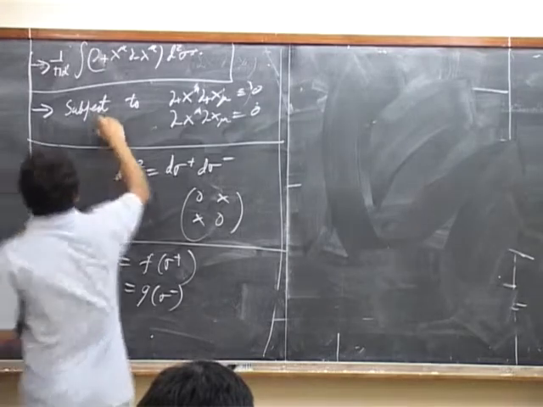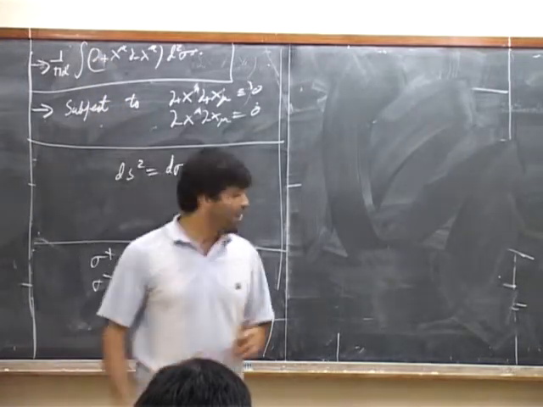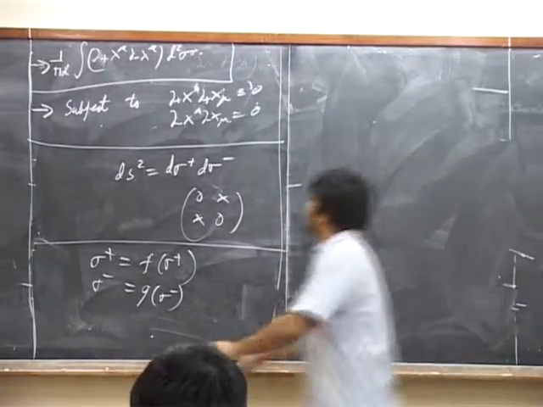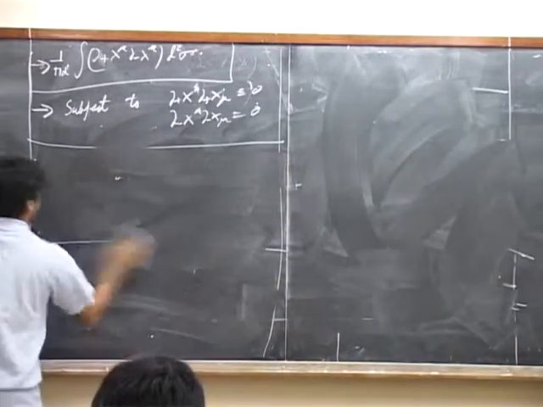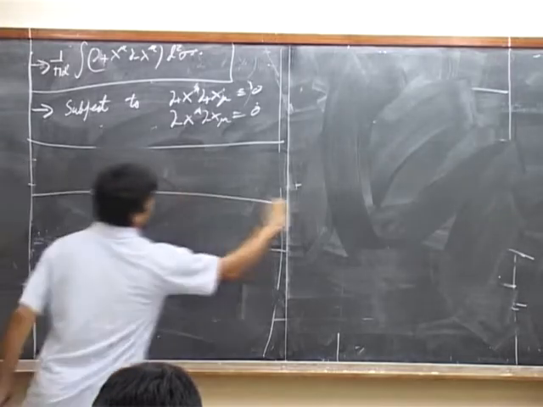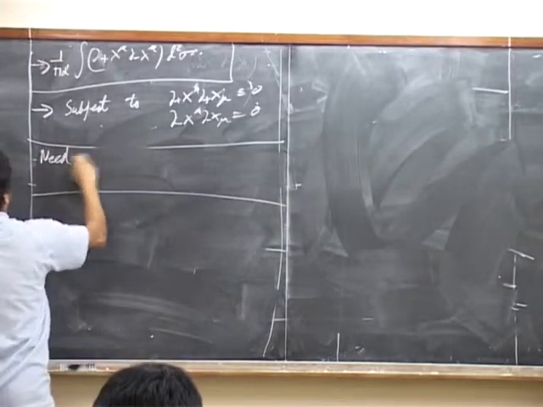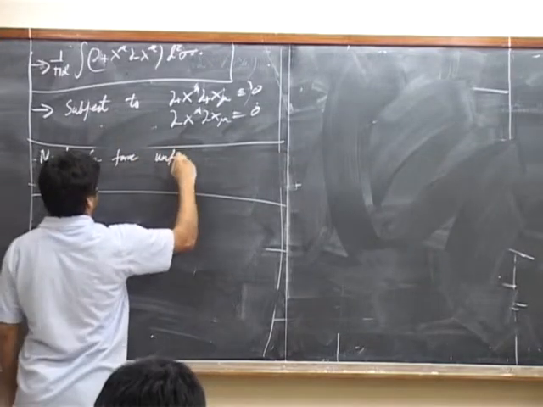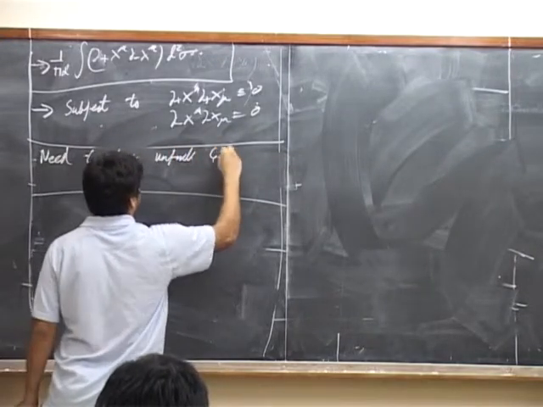So before we embark on a mathematical program of quantization, we have to deal with the fact that we have not yet fixed all our gauge symmetries. So let's put that as point 3: need to fix unfixed gauge symmetry.